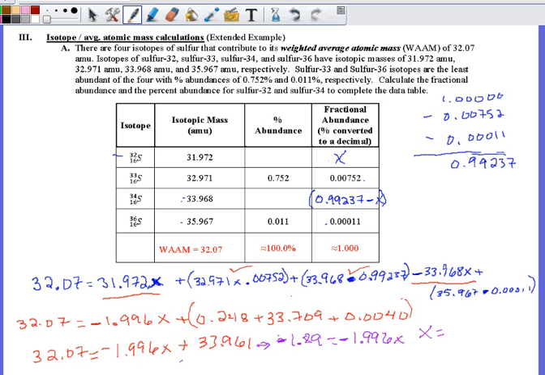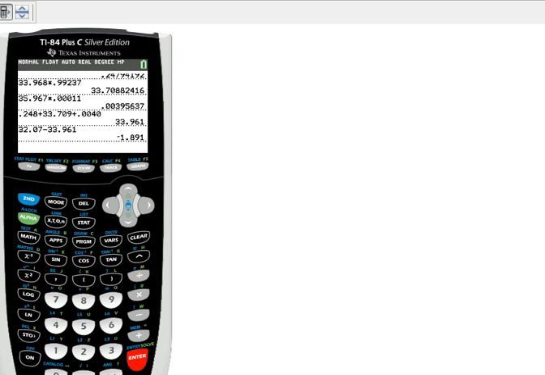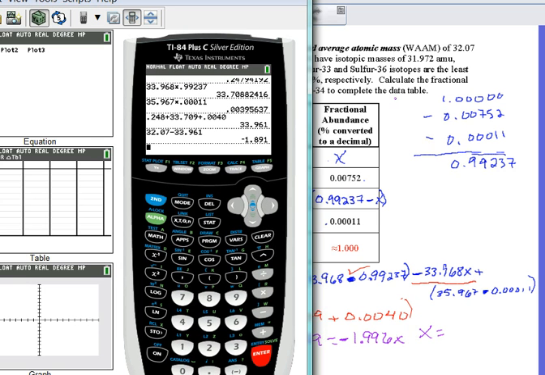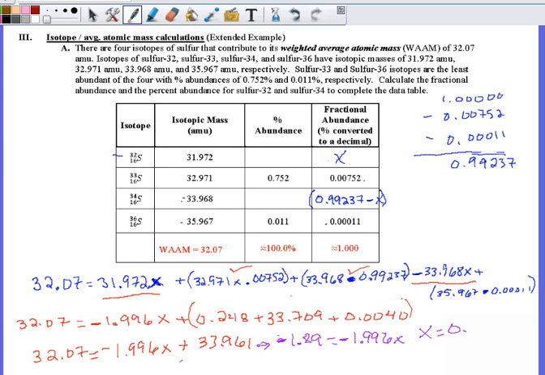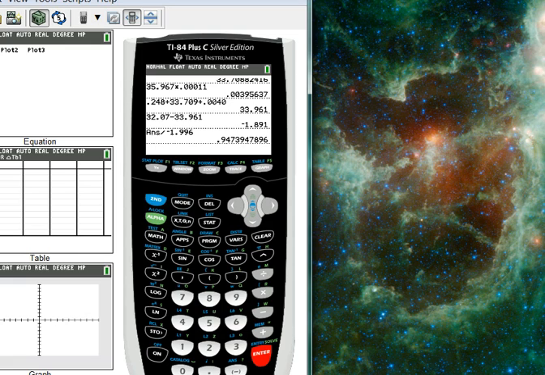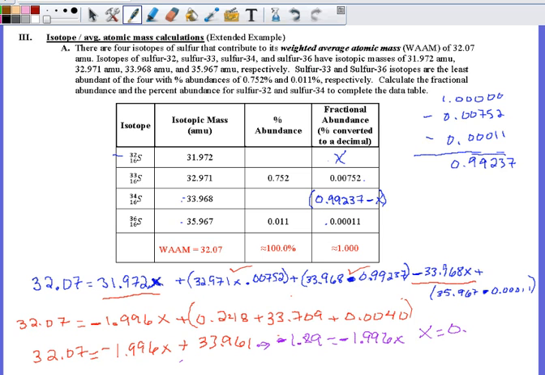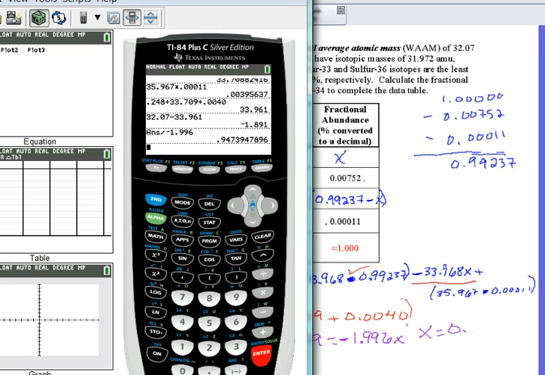Well, I can keep my calculator up here. I don't really need to maximize it. So just take that and divide by negative 1.996, and I get x equals, with 3 sig figs, 0.947.